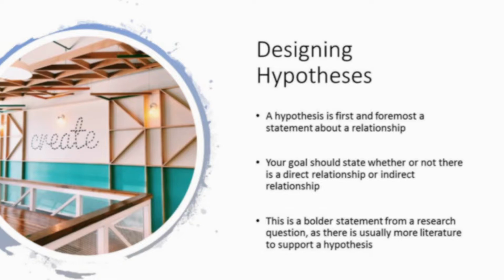Now, that might be a poorly worded hypothesis, and I agree with you on that, but nevertheless, that's an indirect relationship. As one variable subsides, the other one increases. As it gets colder, I wear more clothing. As it gets hotter, I wear less clothing. That would be an indirect relationship that you can test with a hypothesis.